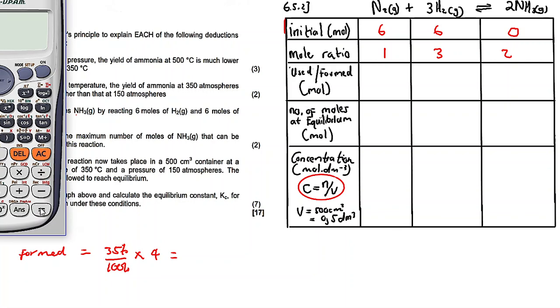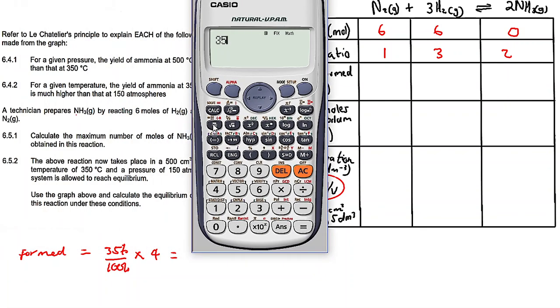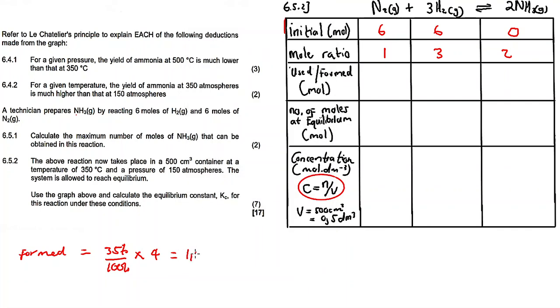Calculate it: 35 over 100 times 4 is 1,4. So the formed number of moles is 1,4, because at these conditions only 35% of the 4 moles is formed, according to the graph here.